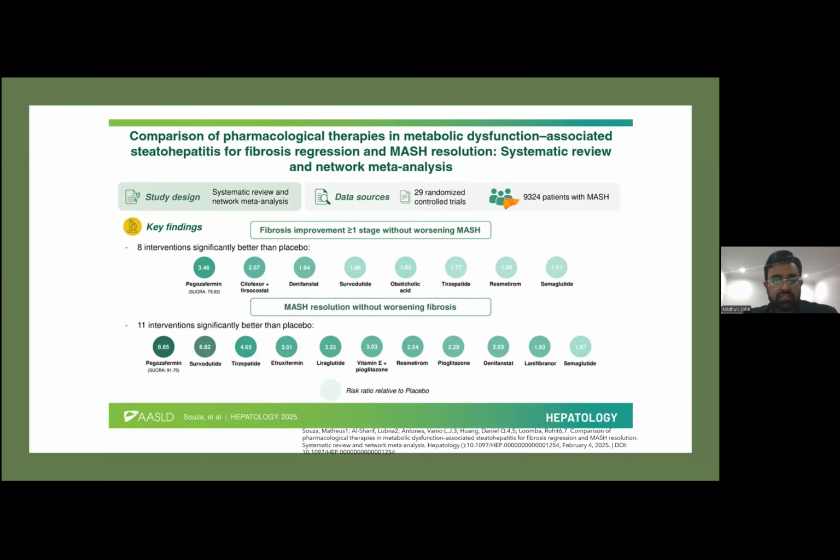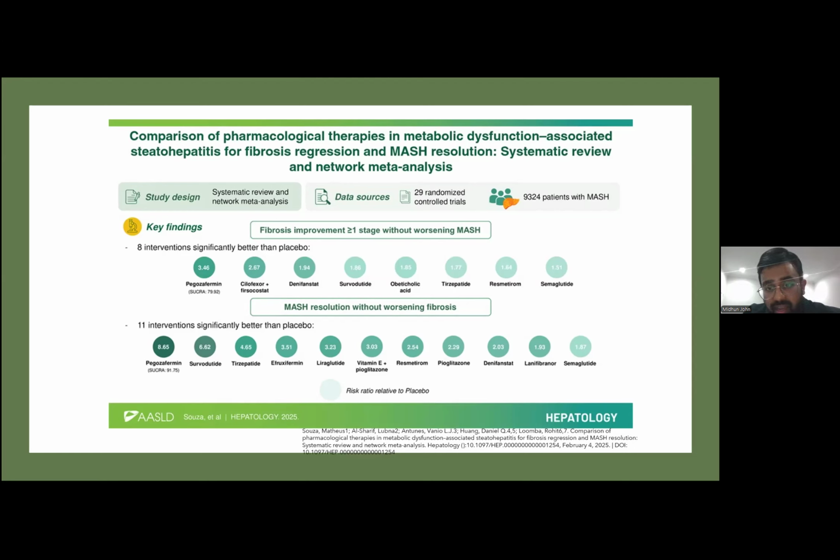So they conducted this updated network meta-analysis to evaluate the relative rank order of the different pharmacological agents for both fibrosis regression as well as MASH resolution. As you can see, they took about 29 randomized controlled trials, which had about 9,324 patients with MASH. From the fibrosis point of view, looking at improvement of 1 stage or more without worsening MASH, you can see some interesting results presented there.